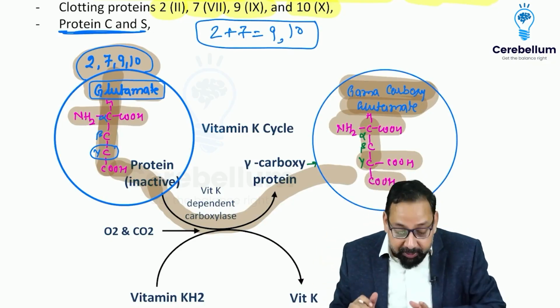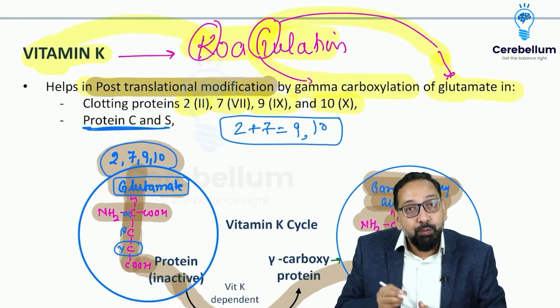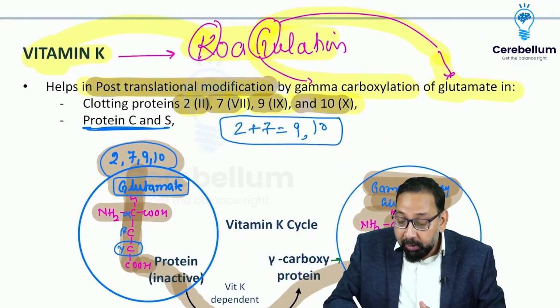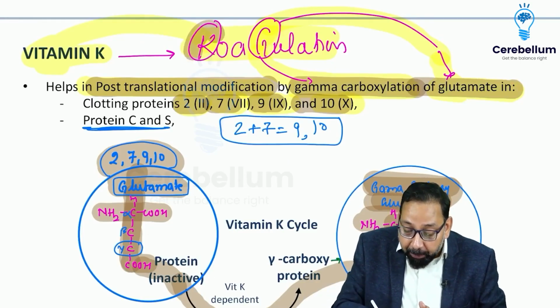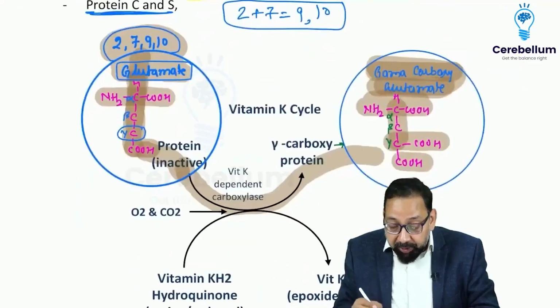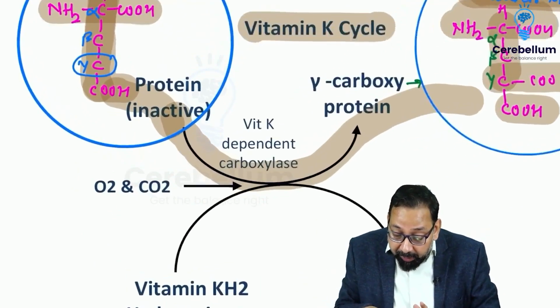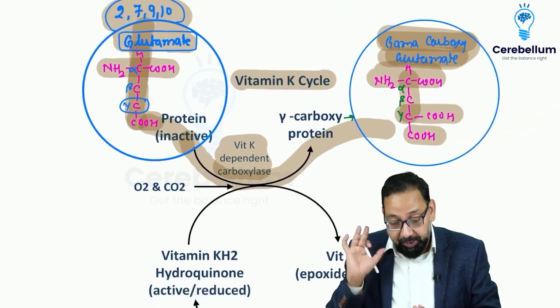So the question is asked that post-translational modification of clotting factor 2, 7, 9, 10 is done by gamma carboxylation of glutamate, in which vitamin K is required. So this is the vitamin K cycle I am discussing. In this, vitamin K dependent carboxylase will do gamma carboxylation.